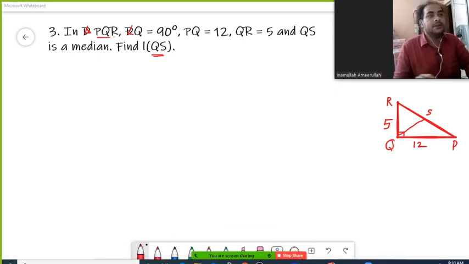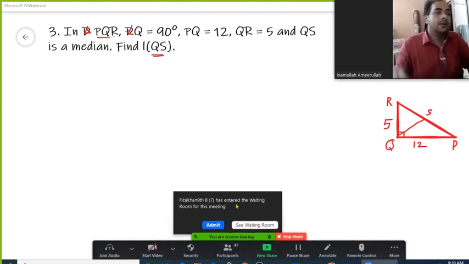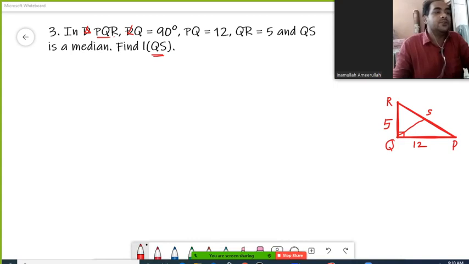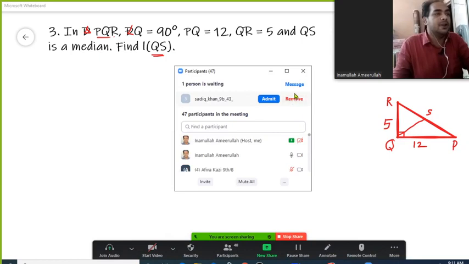As far as the property or the theorem of median is concerned, we can associate the length of the median with the hypotenuse. Here, in this question, the lengths of the two perpendicular sides are given, that is PQ and QR. But the length of the hypotenuse is not mentioned in our question.